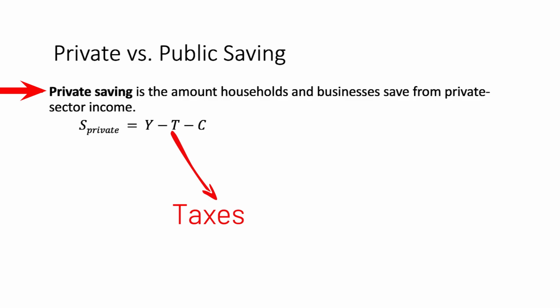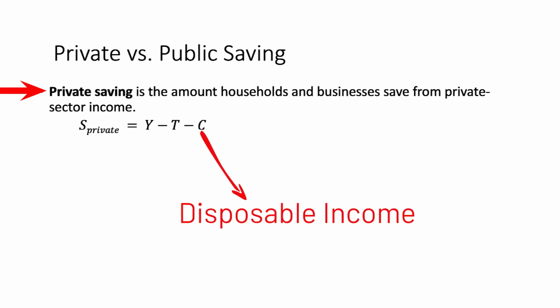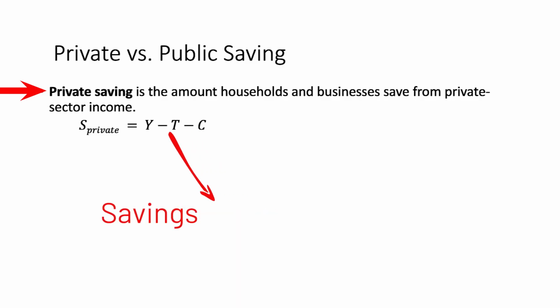After households receive their income, they give that transfer of taxes to the government. Whatever they're left with is called after-tax income, or sometimes disposable income. Disposable income is the income available for spending, minus the actual spending. The difference is what they're saving.